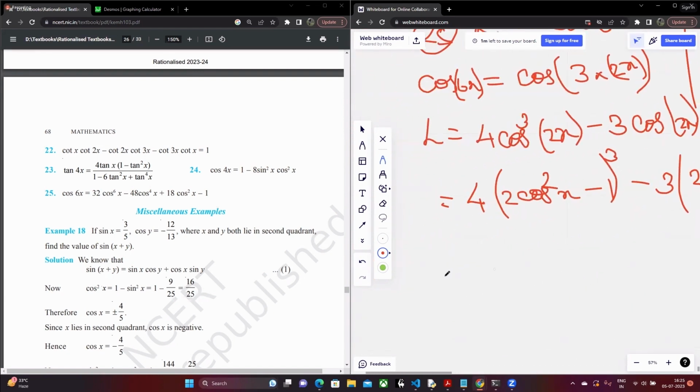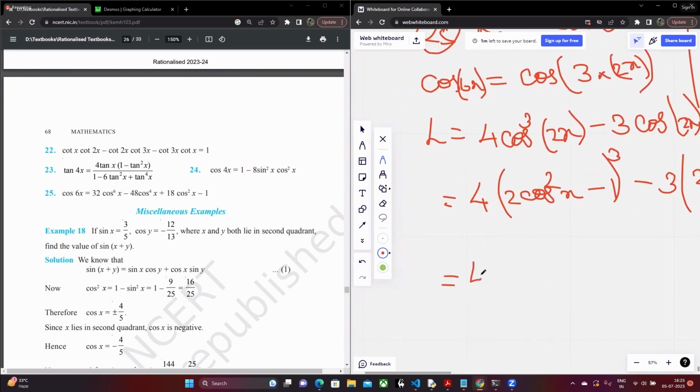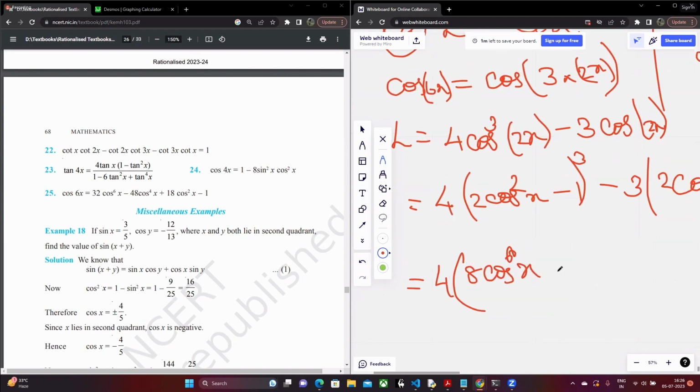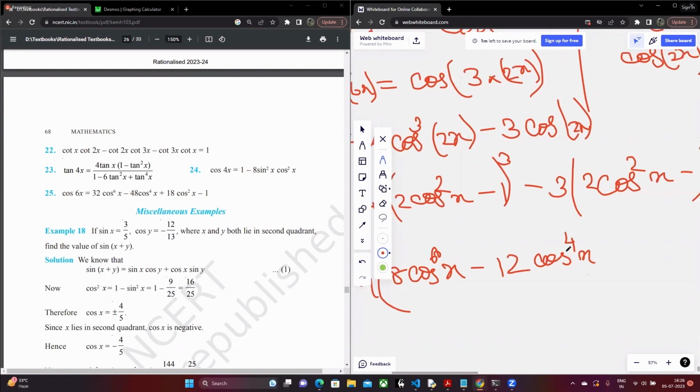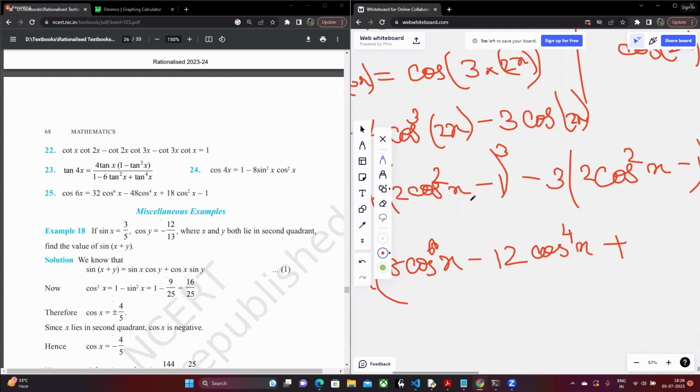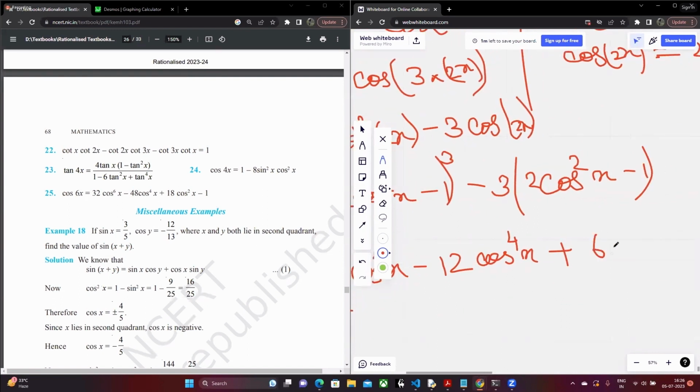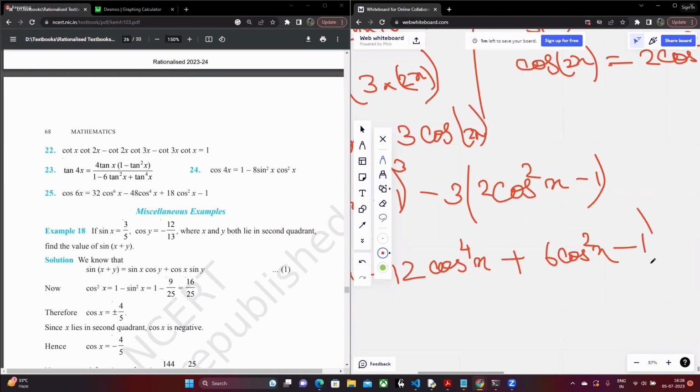So over here, you're going to deal with 4 times the cube of this expression, which is basically a minus b the whole cube. That is going to be a cube, that is 8 cos power 6x, minus 3a squared b, that is going to be 3 into 4, that is 12 cos power 4x, plus 3ab squared, that is going to be 6 cos squared x, minus b cube.